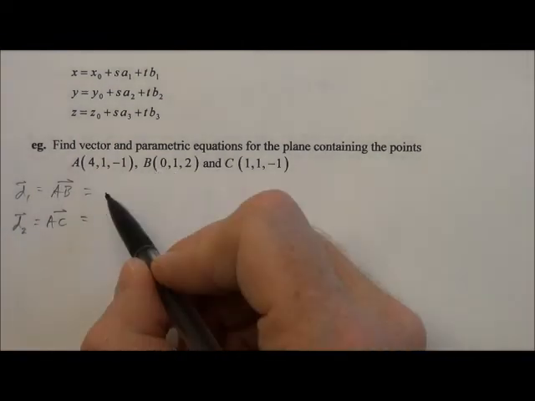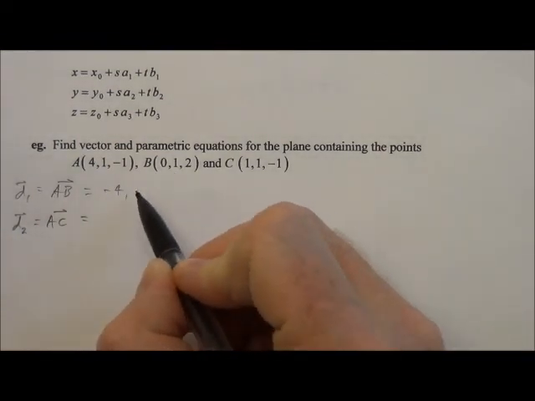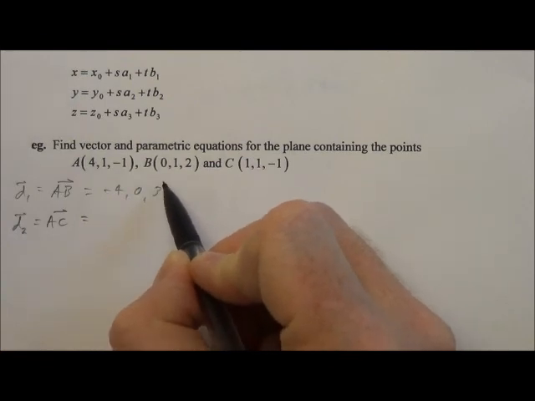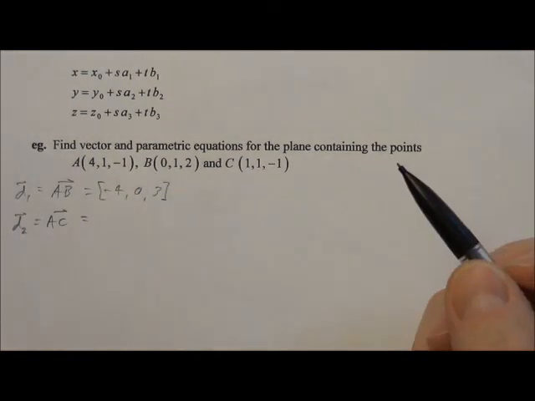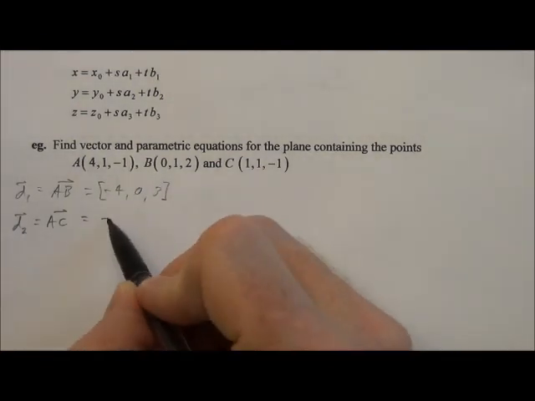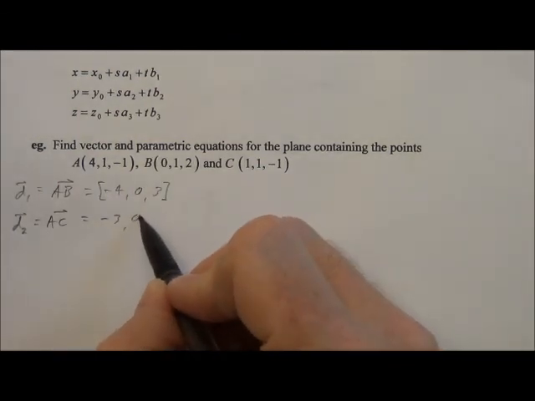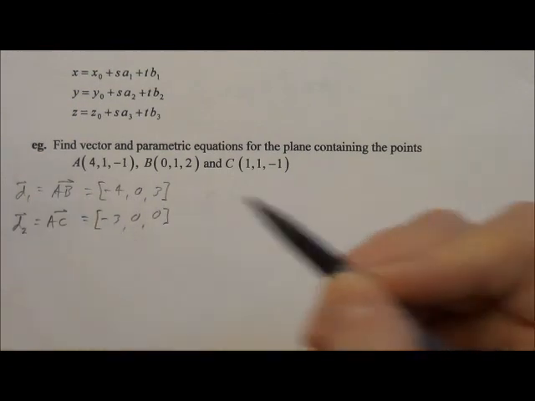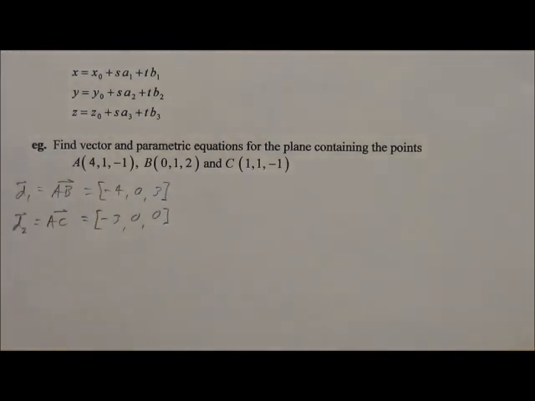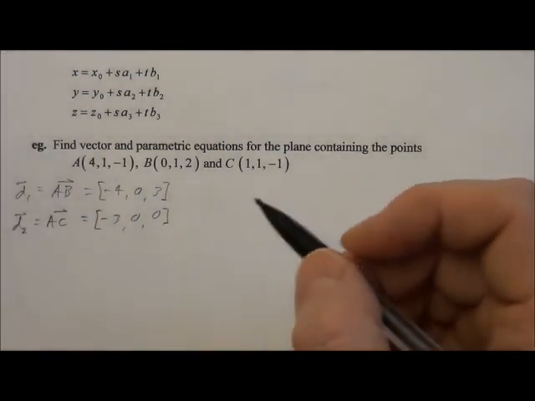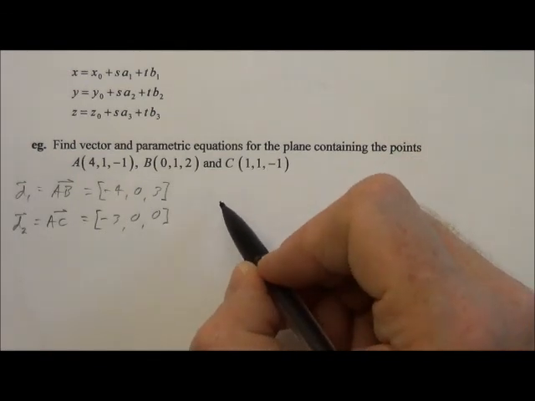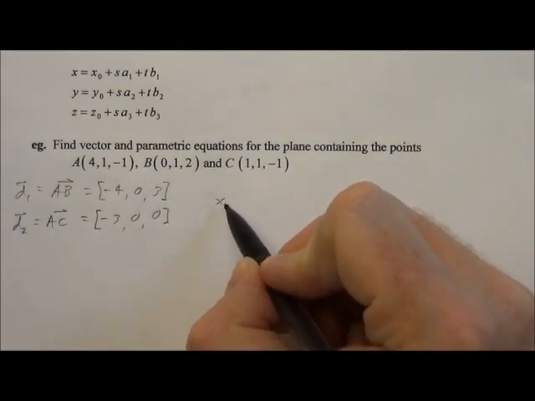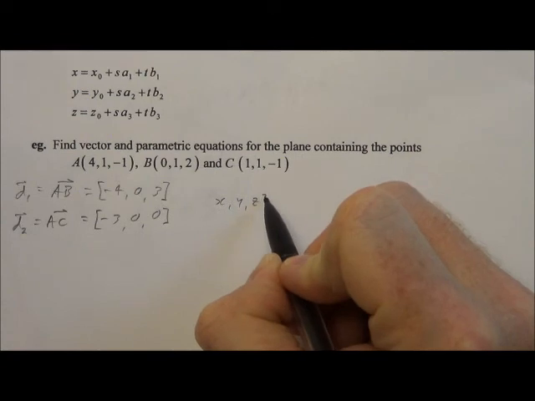So vector AB is -4, 0, and 3. And vector AC is going to be -3, 0, and 0. And so then the form of the vector, I'll write it as x, y, and z.